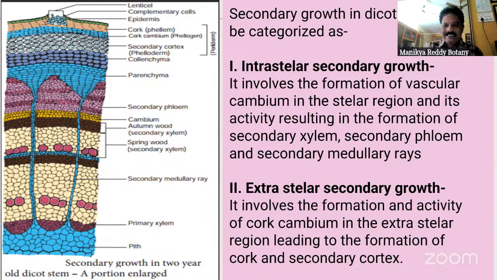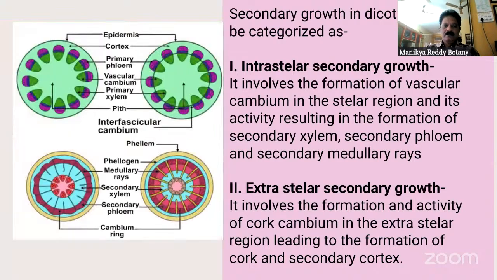Let us see in detail. So this is the primary stem. This is the vascular cambium, a ring of cambium strip, formed due to the fusion of fascicular cambium and interfascicular cambium.